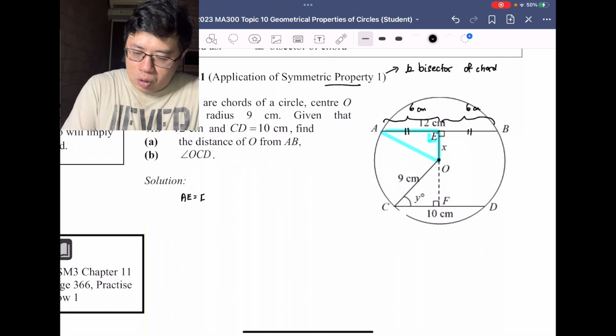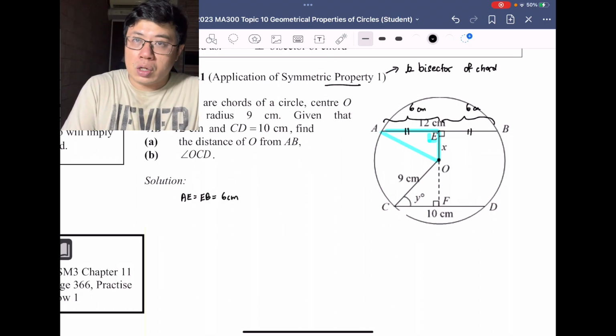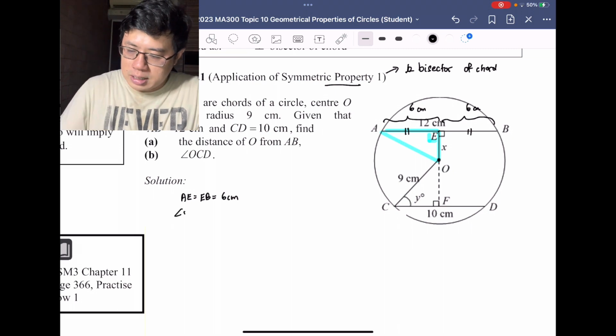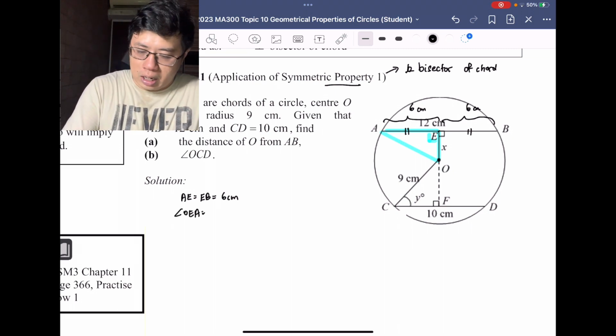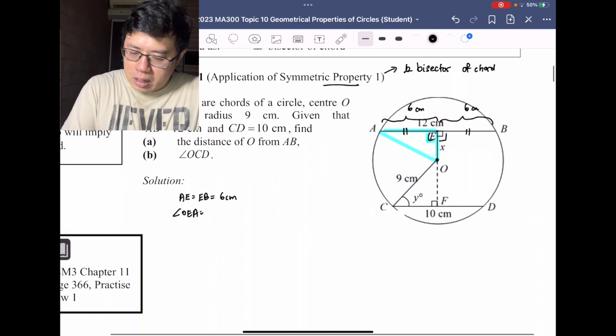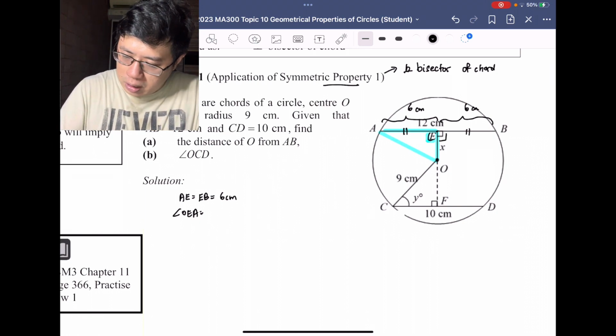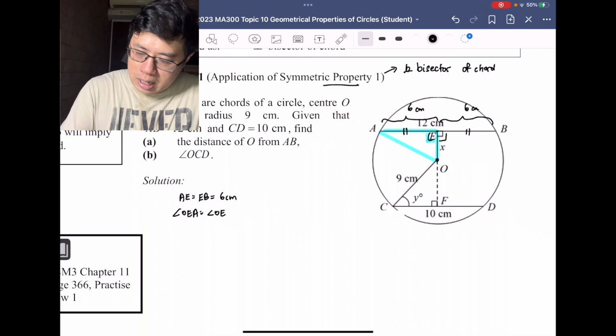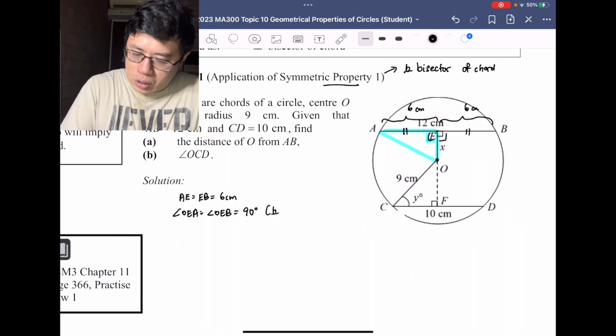So that's something we can conclude. At the same time, we also know that angle OEA will be equal to angle OEB, which is equal to 90 degrees.